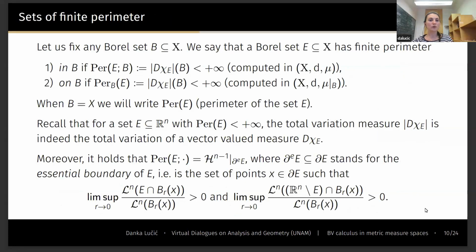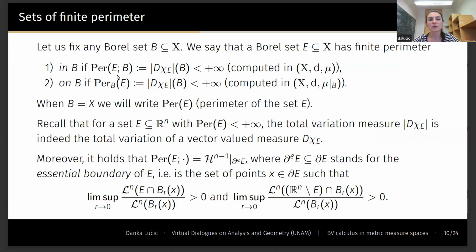Okay. So now what we will be interested in is the total variation of a particular function, which is the characteristic function of a set. So now, given any Borel subset of our space, we say that the Borel set E has finite perimeter on a fixed set B. So there are two things.